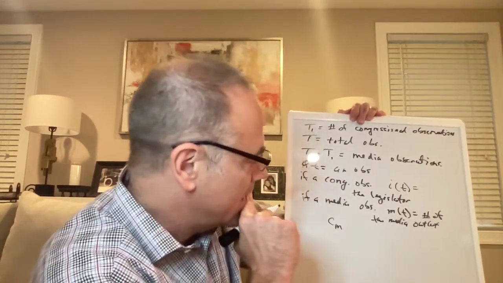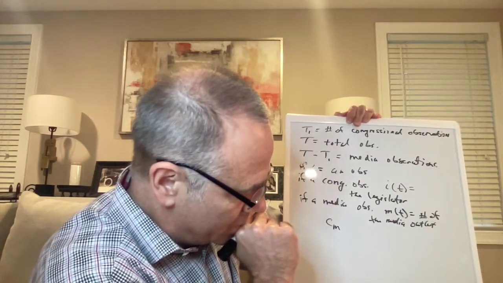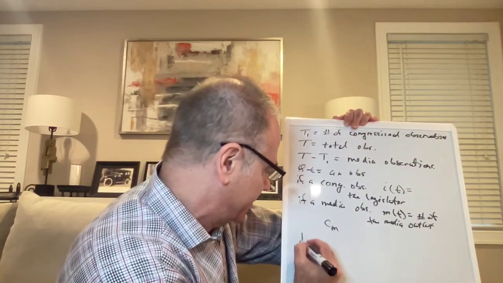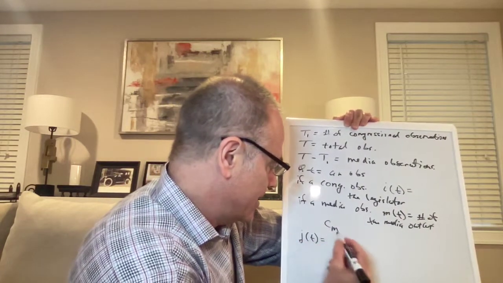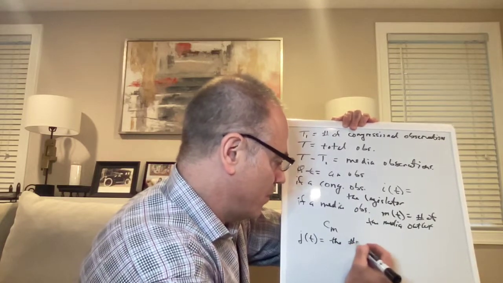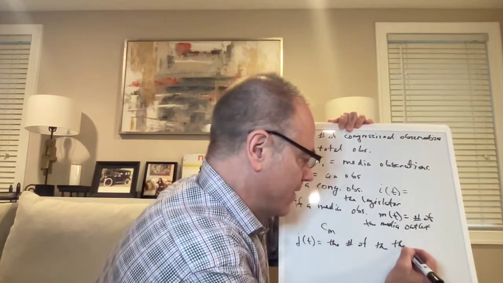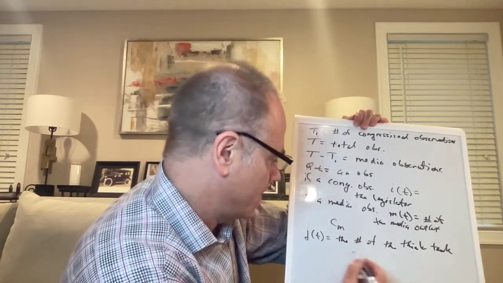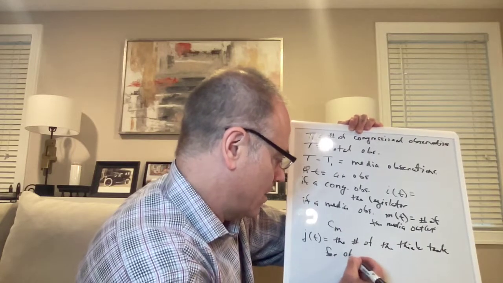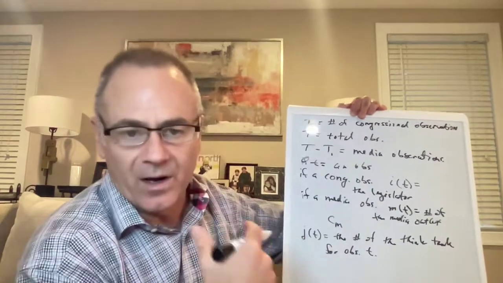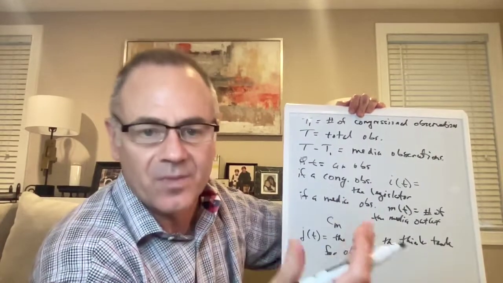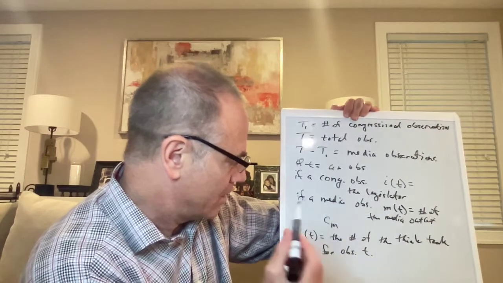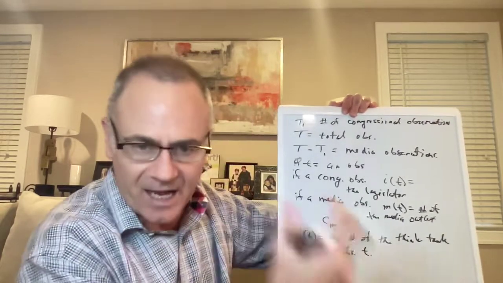And then J of T equals the number of the think tank for observation T. So whatever think tank was cited by the legislator or the media outlet, define J of T as the number.